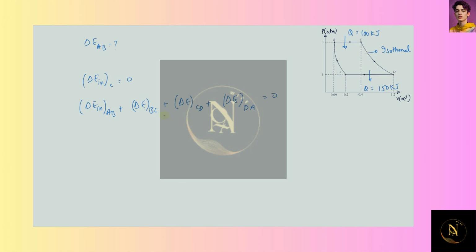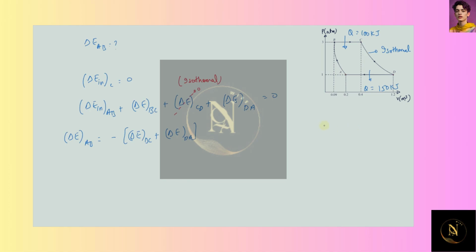Now the change in internal energy in case of CD will be 0 because it's an isothermal process, and for an isothermal process the change in internal energy is 0. From here we can write that the change in internal energy for AB will be equal to minus of the change in internal energy for BC plus the change in internal energy for DA.